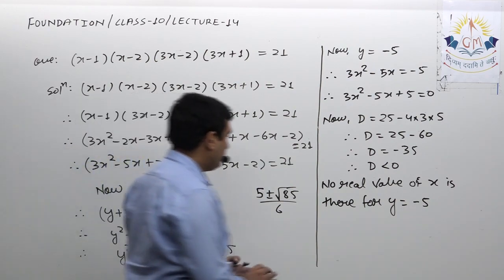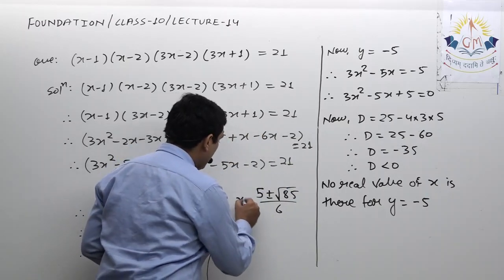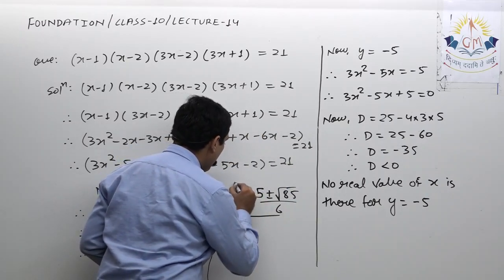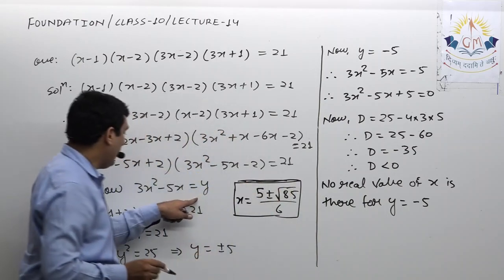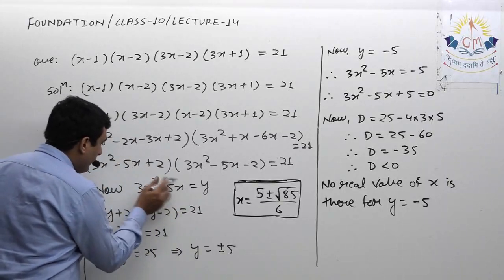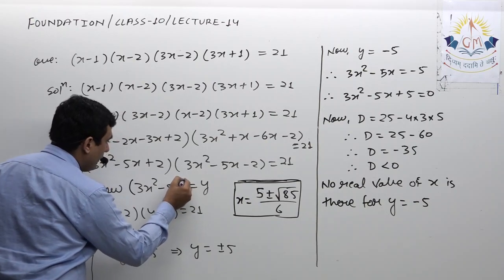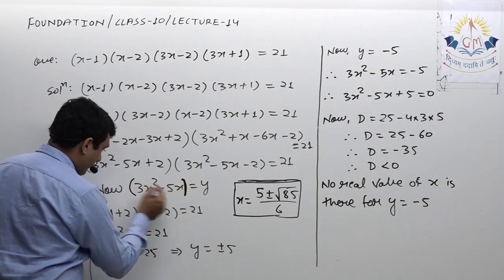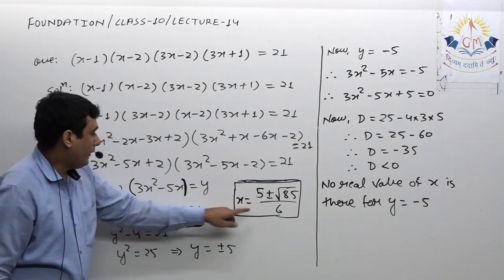Okay, now see, we got x equal to this. When we got x equal to this, we had y equal to 5. That means when we have this value of y, or when we have 3x square minus 5x is equal to 5, isn't it?